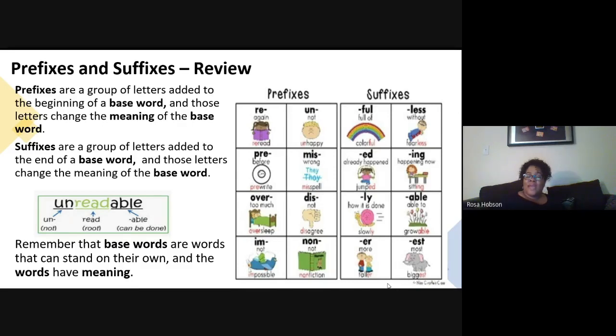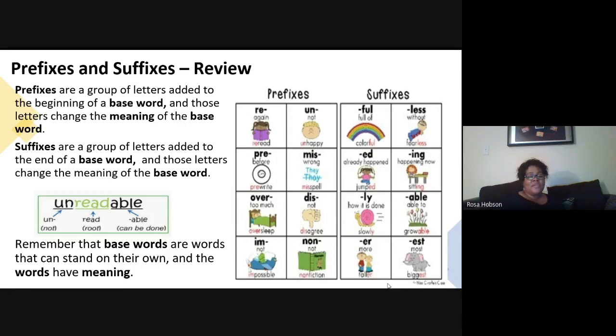E-D, already happened, as in jumped. I-N-G means happening now, as in sitting. L-Y means how it is done, as in slowly. A-B-L-E means able to, as in growable. E-R means more, as in taller. And E-S-T means most, as in biggest.